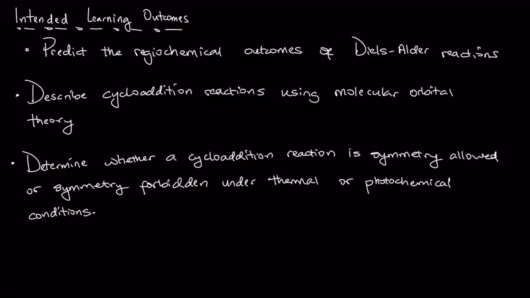And then we described cycloaddition reactions using molecular orbital theory. We focused on the 4+2 cycloaddition as a case study for this. And then we used molecular orbital theory to help us determine whether the reaction would essentially work under light, so under photochemical conditions, or under heat, which is under thermal conditions.